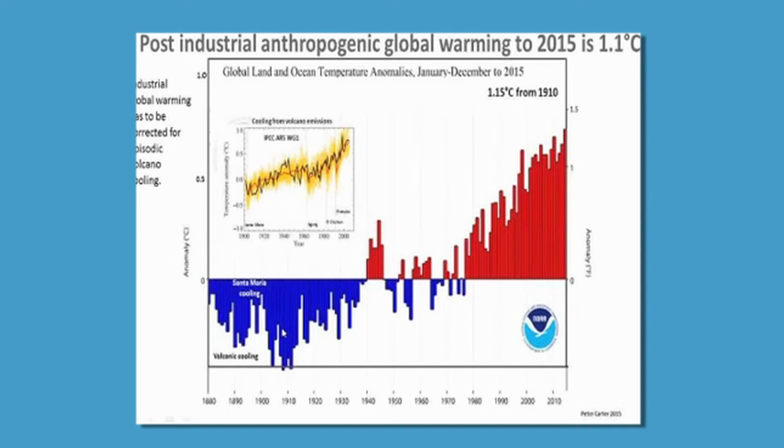So when you factor in all the volcanic eruptions that we've been having over the last many, many years, you can see the actual temperature increase is not one degree centigrade. It is actually 1.1. So we are well over our imaginary 2 degrees centigrade of warming at this point when you factor in the volcanic eruptions.